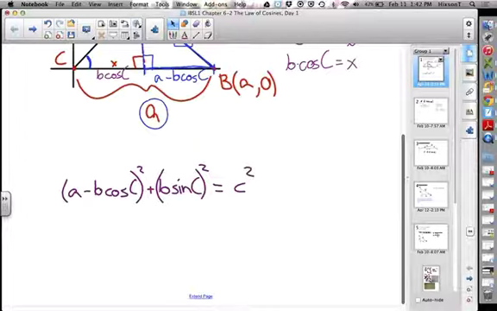No, that would equal c squared. And that's okay. We'll leave it equal to c squared. I would FOIL it before I'd split it.